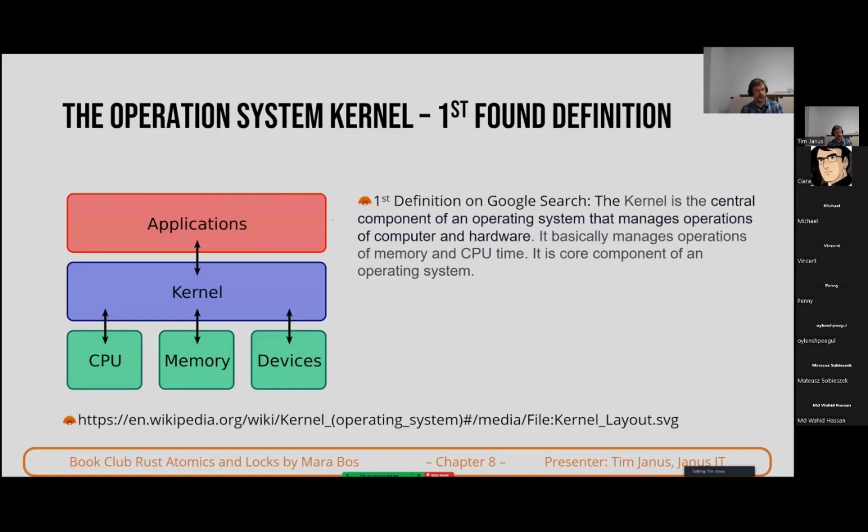The kernel is a central component of an operating system that manages operations of the computer and hardware. It basically manages memory and CPU time. Here's this diagram showing it as a layer for us to rely on to write good applications.